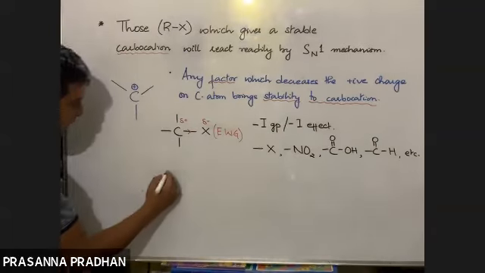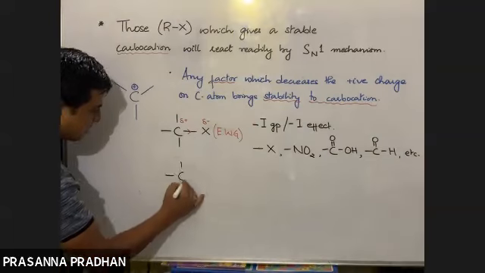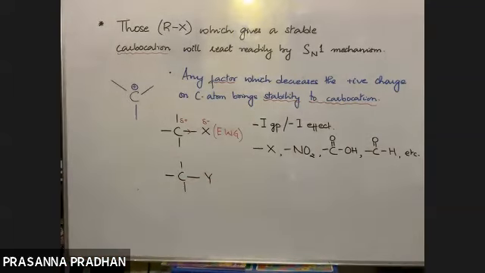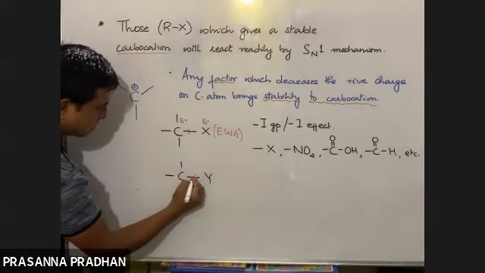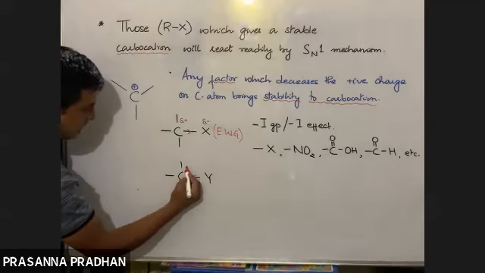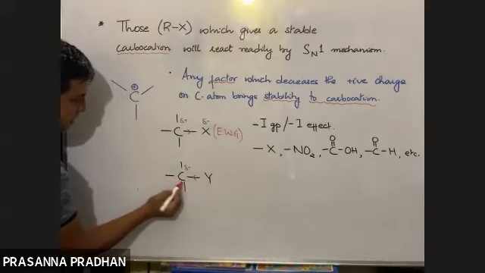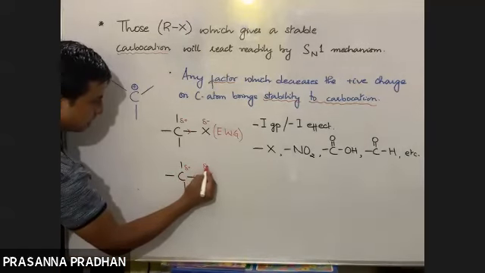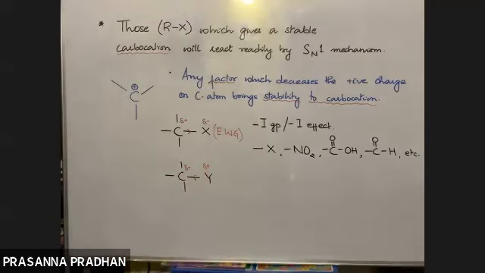Now, on the other hand, we have just the opposite type of group, which will donate electron to the carbon atom. These are electron donating groups. So if it donates electron to the carbon, now carbon will acquire a negative charge because it's getting electron, and this is donating electron, so it will acquire a positive charge like this.